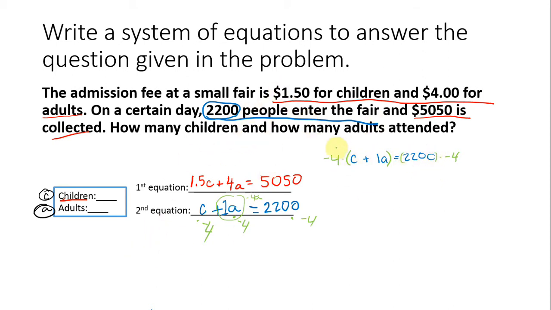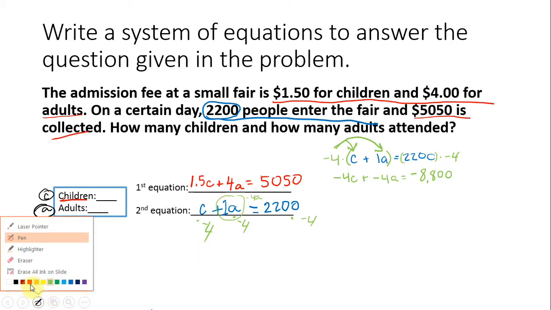So this will get me negative 4C plus negative 4 times 1A will get me negative 4A. And 2,200 times negative 4 is going to get me negative 8,800. And now I have my new second equation. I'm just going to write my red equation underneath.